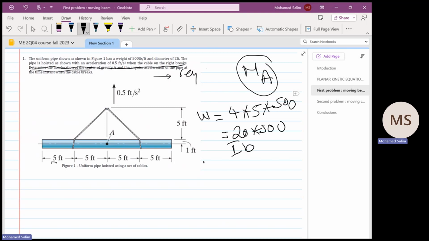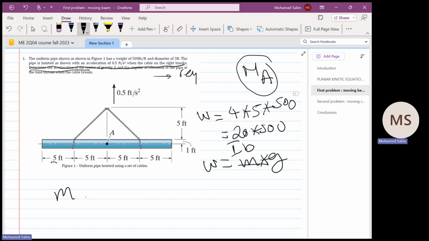This is equal to what? Pounds. How to calculate the mass of the beam? The weight is equal to mg. So if you have the weight, to calculate the mass directly we use mg, with g at 9.8 if you are in SI units, or 32.2 if you are in English units.